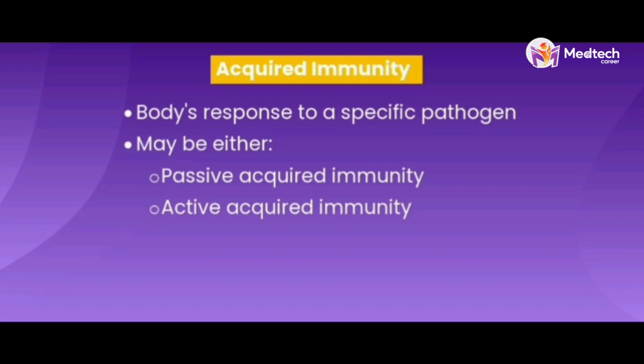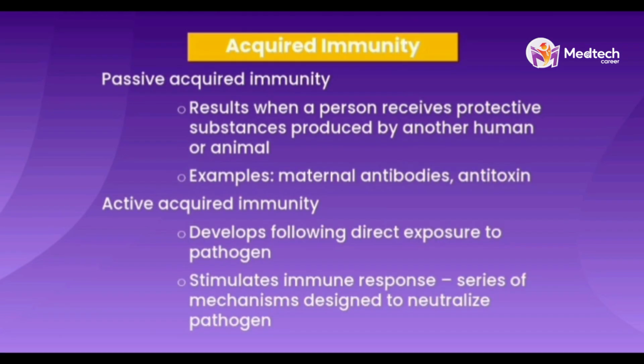The next one, acquired immunity. The body's response to a specific pathogen may be either passive acquired immunity or active acquired immunity. So the acquired immunity is further divided: passive acquired immunity and active acquired immunity.